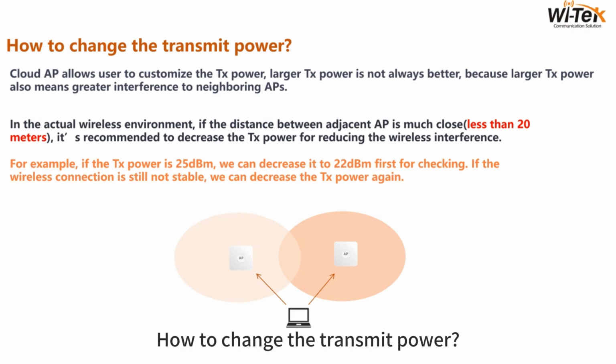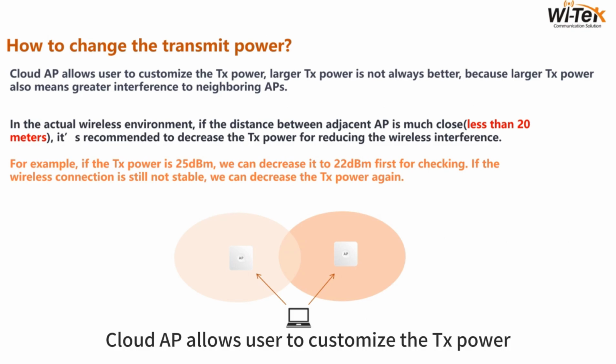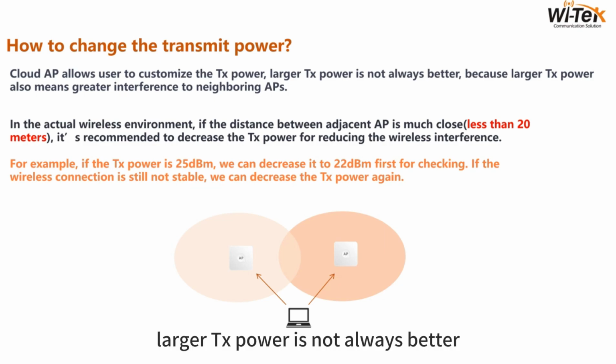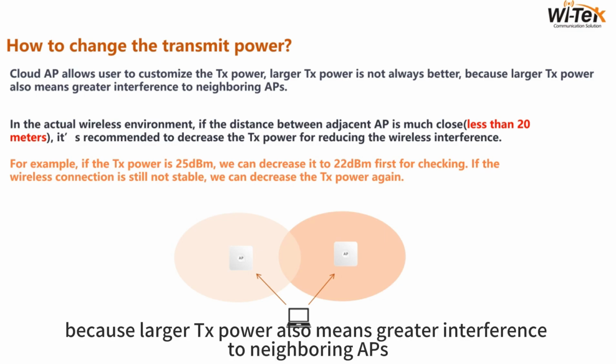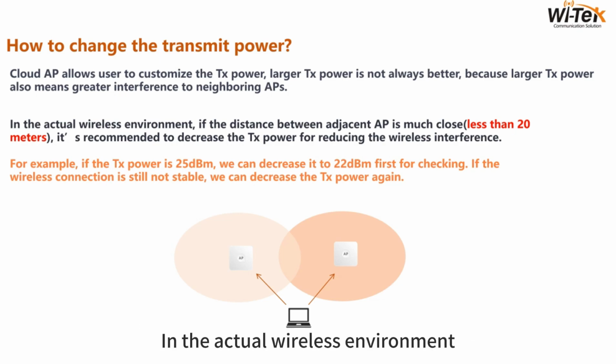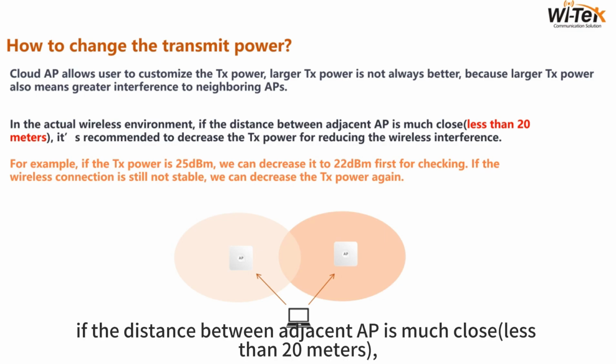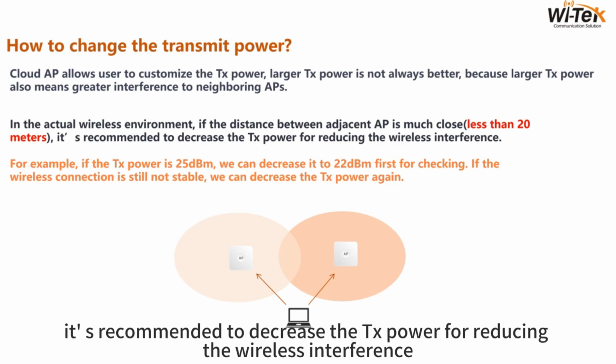How to change the transmit power. Cloud AP allows users to customize the TX power. Large TX power is not always better, because larger TX power also means greater interference to neighboring APs. In the actual wireless environment, if the distance between adjacent APs is close, less than 20 meters, it is recommended to decrease the TX power to reduce the wireless interference.